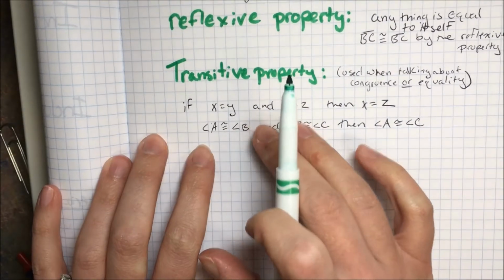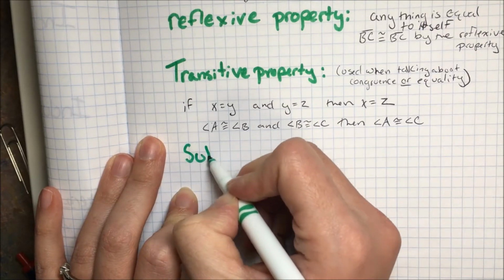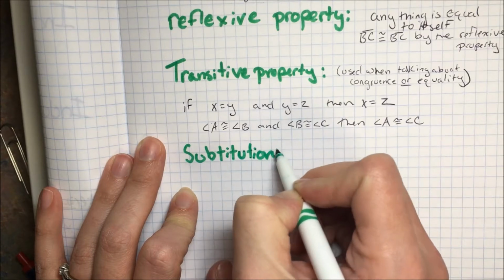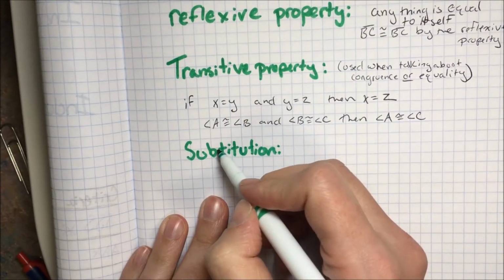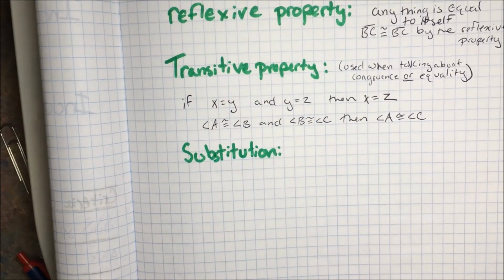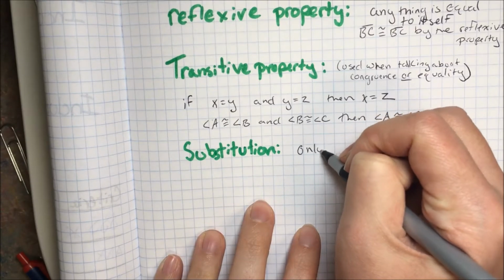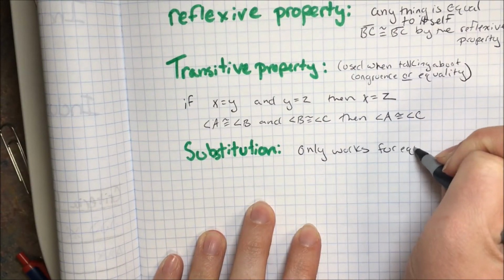So the transitive property works for equality and congruence. Substitution only works for equality.